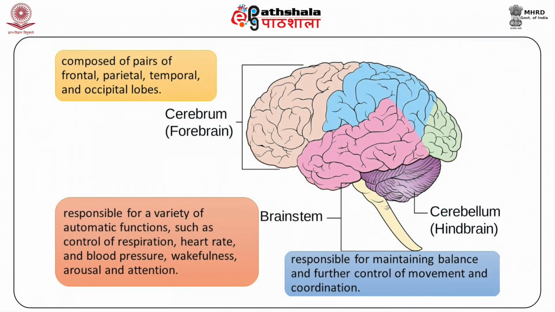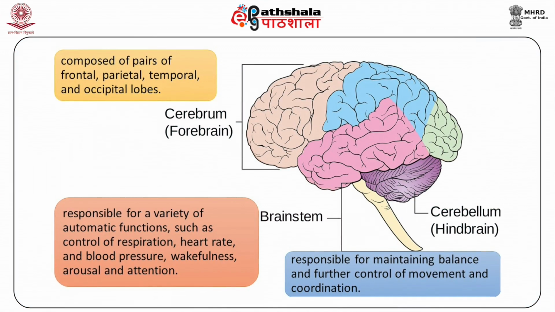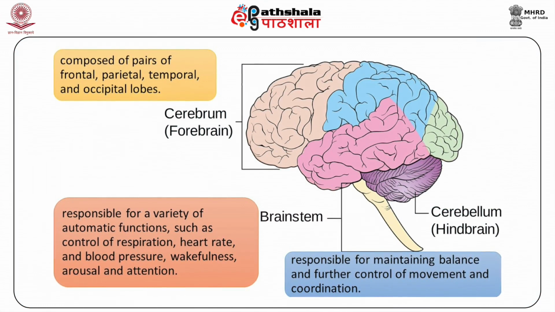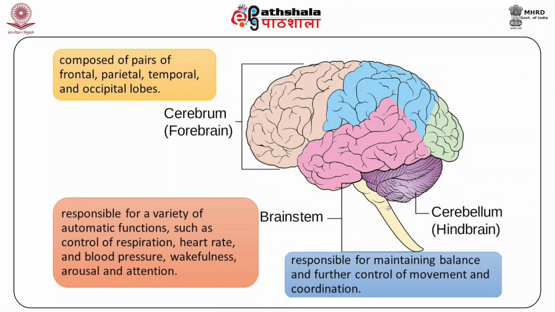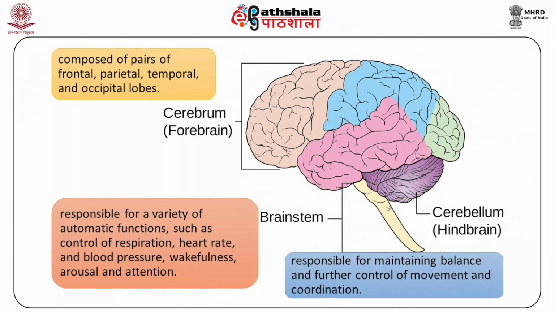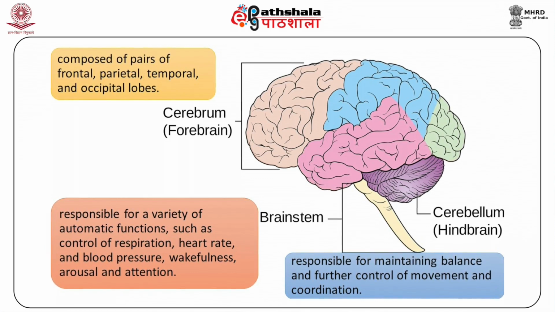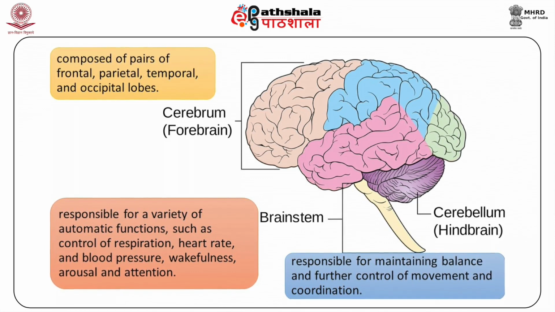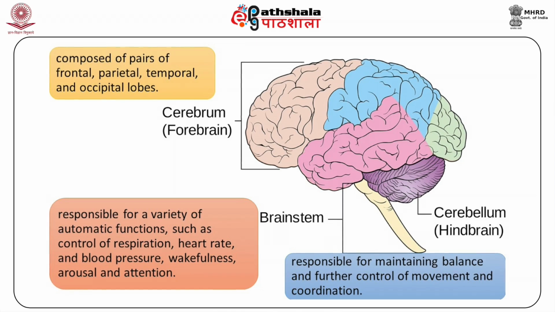The cerebellum, the second largest area, is responsible for maintaining balance and further control of movement and coordination. The brainstem is the final pathway between cerebral structures and the spinal cord.